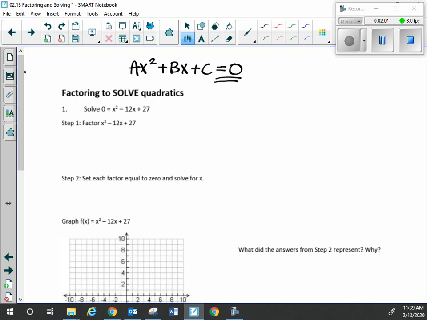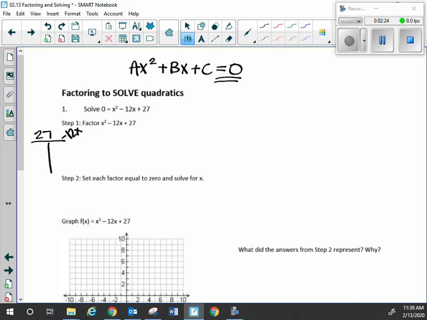So once you realize you set it equal to 0, you need to start factoring. So the same exact steps as yesterday. When I factor x squared minus 12x plus 27, can I factor out a GCF first? No. So what is a times c? 27. And we need factors of 27 that have a sum of what? Negative 12.